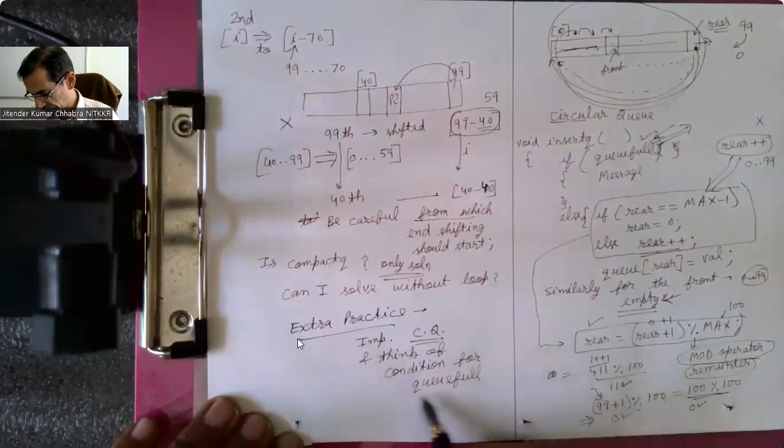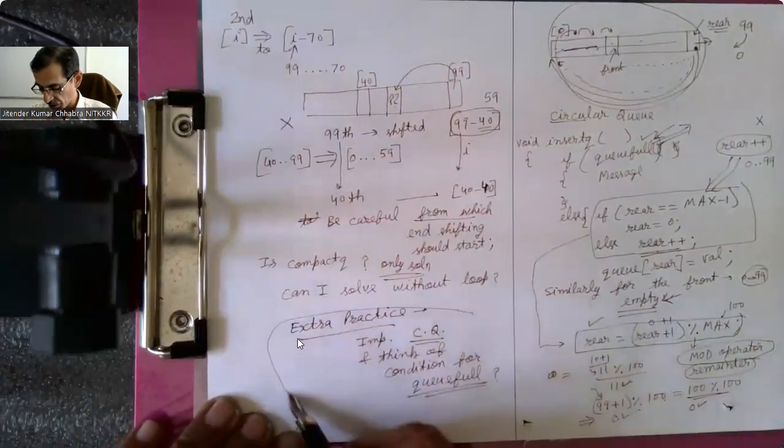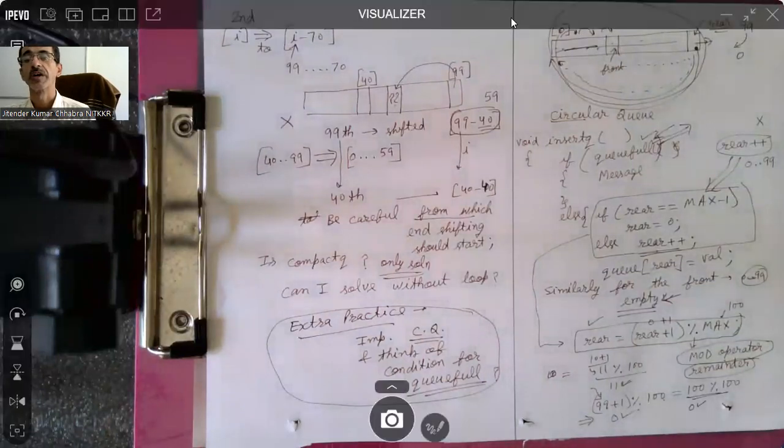Can you find a certain condition? If yes, that will be an excellent logic and you will be doing excellent work. If not, maybe next class I'll explain and we will resume from there. So I'm sure all of you will try, and tomorrow we will discuss further.